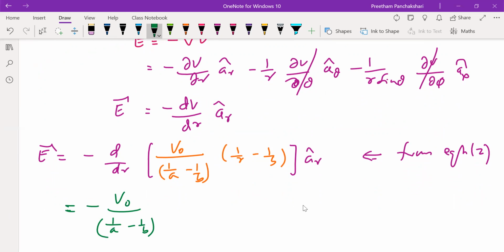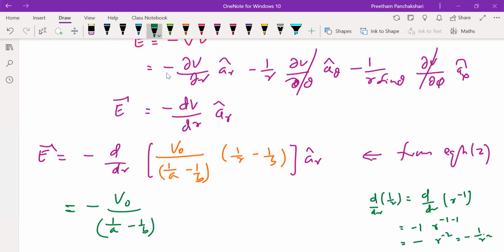Differentiation of 1 by R with respect to R itself is given by differentiation of R power minus 1. So differentiation of R power minus 1 is minus 1 into R power minus 2, that is minus 1 by R square.